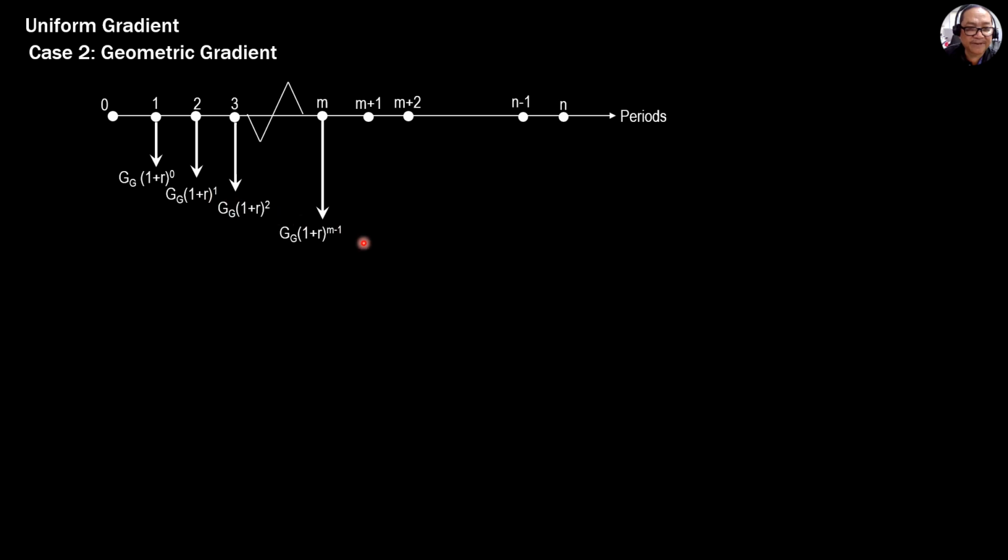You just look at the pattern. So I hope you can follow. And so that is G sub G quantity 1 plus R to the n minus 1.